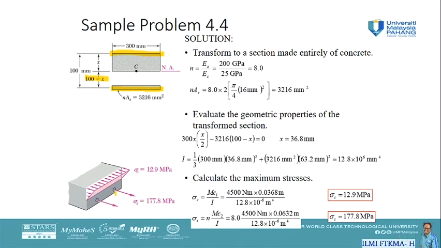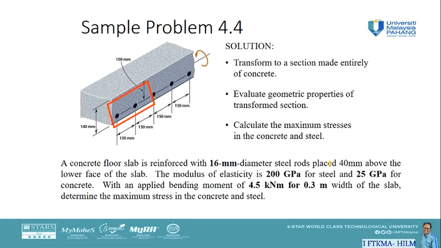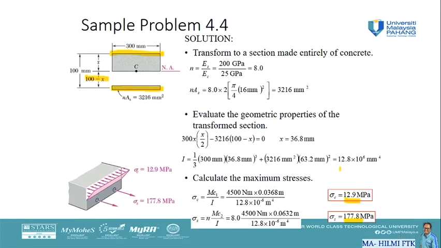So we are going to find that the difference between sigma s and sigma c is quite large, and this is mainly caused by the values of the Young's modulus in the previous part, 200 gigapascal and 25 gigapascal.